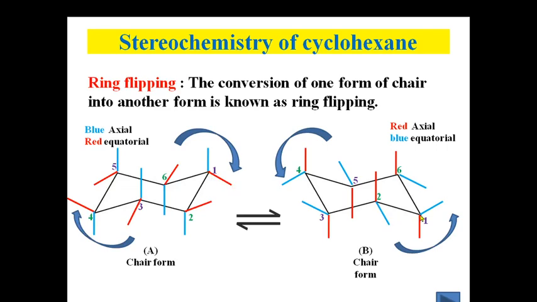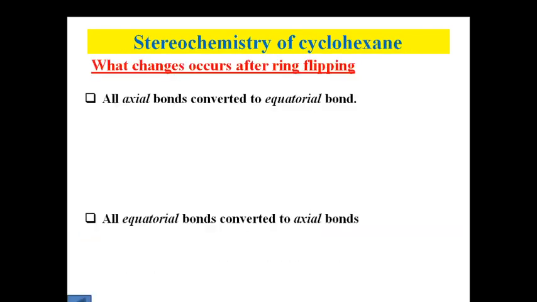As it now becomes axial, direction is still downward. So direction is not changed, projection is not changed. If it is upward, it remains upward. If it is downward, it remains downward. And that's the important thing you have to remember during the ring flipping.